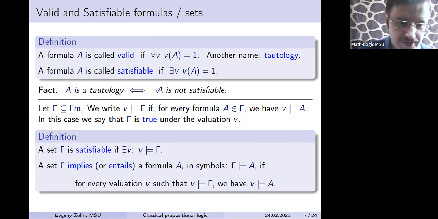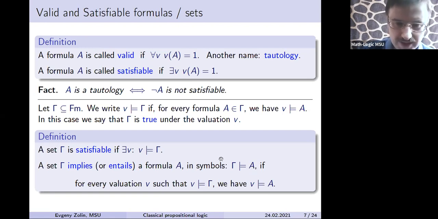And usually when we solve some tasks, we take some set of formulas. For example, Pete said the truth, Kate said the false, some statements about real objects, and then somebody asks, does this statement follow from our assumptions? Can we deduce, can we obtain a consequence about some statement A from our assumptions?